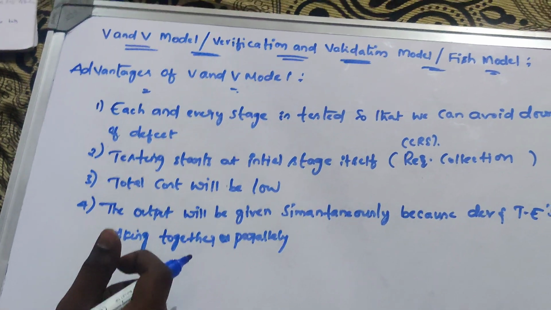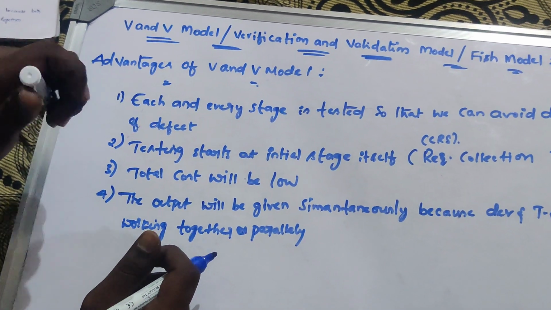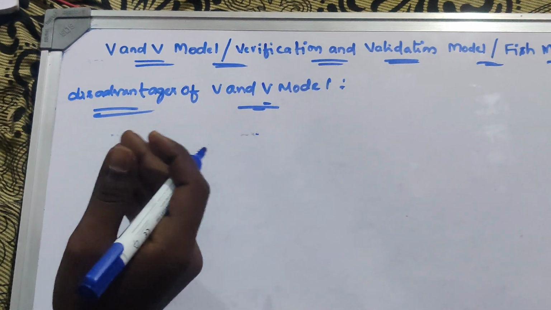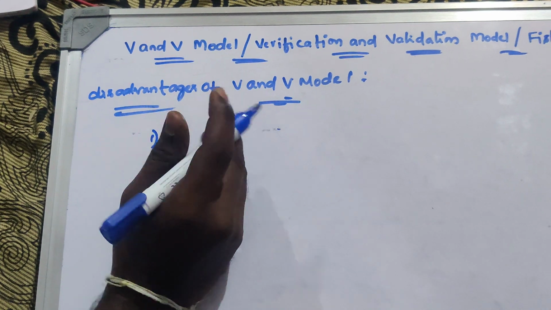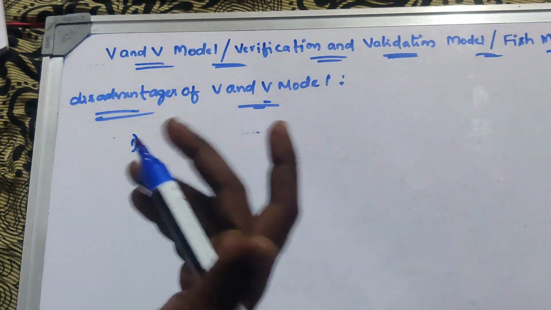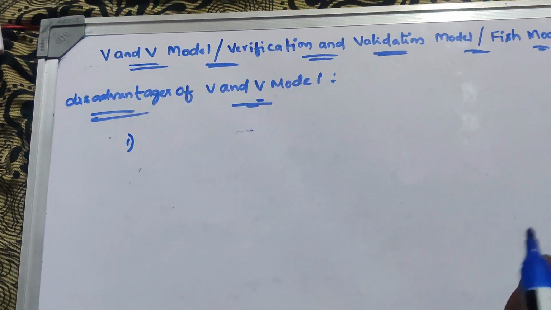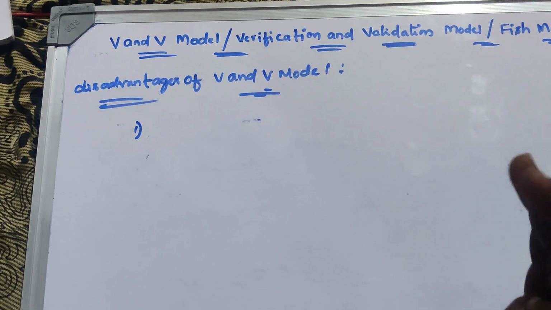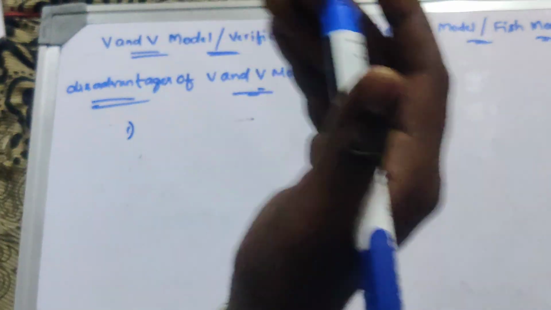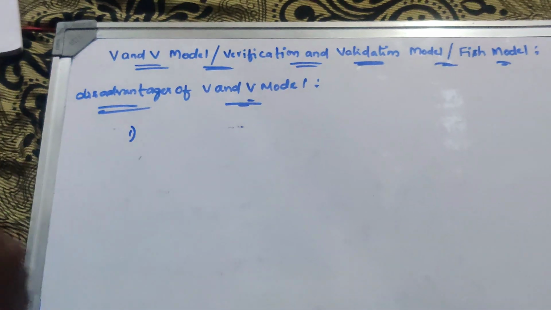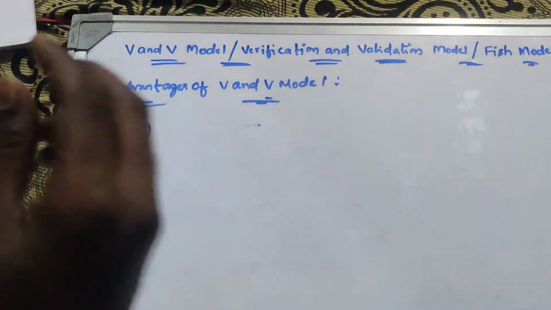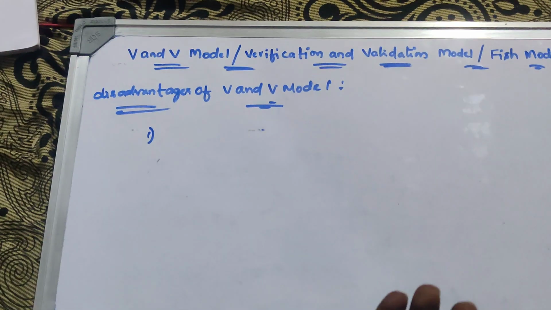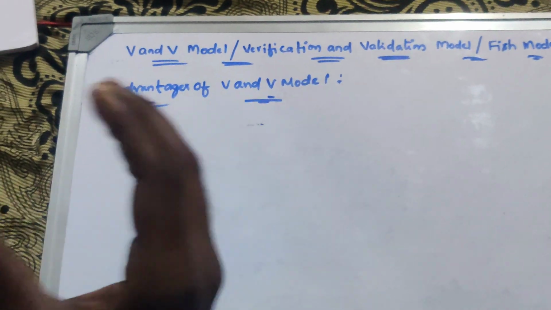These are the advantages that we have in the VNV model. Now we are going to see the disadvantages of the VNV model. The first disadvantage is that the documentation will be more. If you remember the diagram, work happens simultaneously, and the test engineers review again and again until there is no defect in the CRS or SRS.